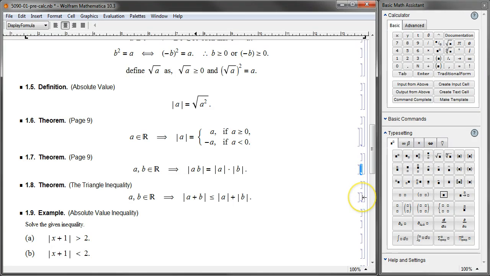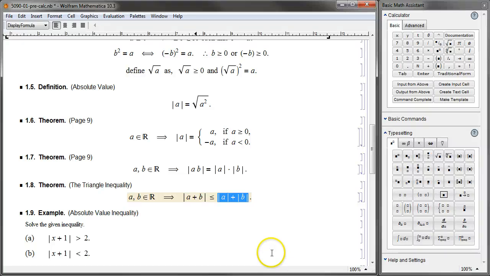Okay, let's go over to the next statement here, the triangle inequality. And this is called a triangle inequality because in higher dimension, the left-hand side, the absolute value of a plus b, corresponds to the straight-ahead distance, and then the absolute value of a plus the absolute value of b is the triangular distance, one way and then turn and then the other way.